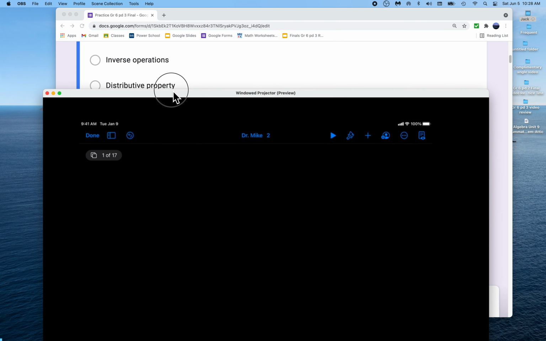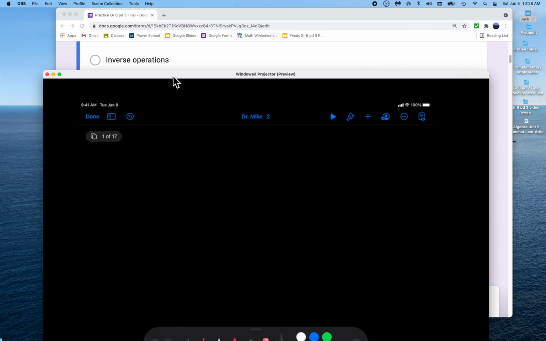Inverse operations. Folks, inverse operations undo one another. So when you have 5 plus 3, if you want to undo this addition, you use subtraction. And when you do that, plus 3 minus 3 becomes 0.